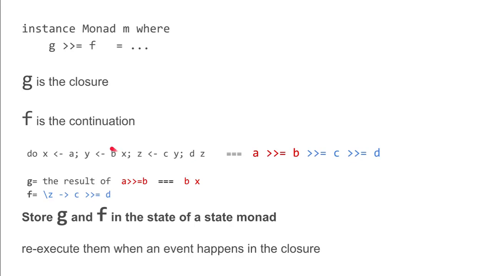Well, so G at this point is this: A composed with B, already executed.